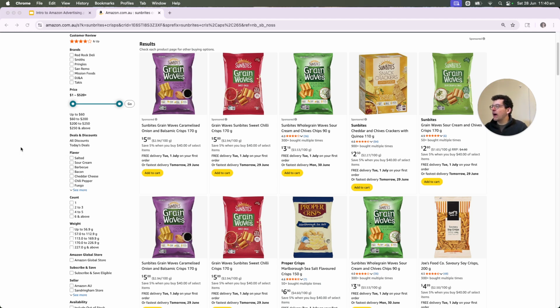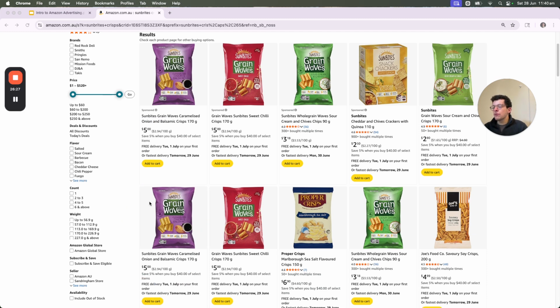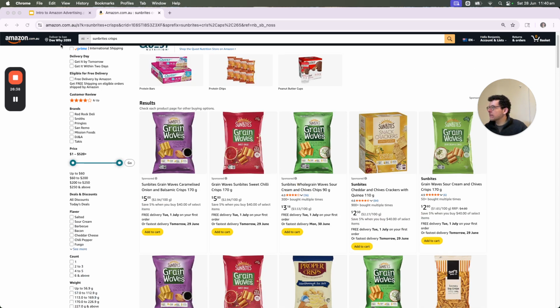However, if I don't buy the product from this placement, and instead buy it from this organic placement that is not an ad, it will just be an organic sale. It will not be an advertised sale. It will not come up in the advertising platform. So that's the difference there.